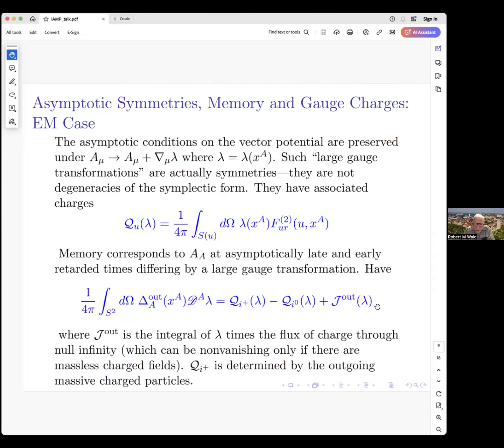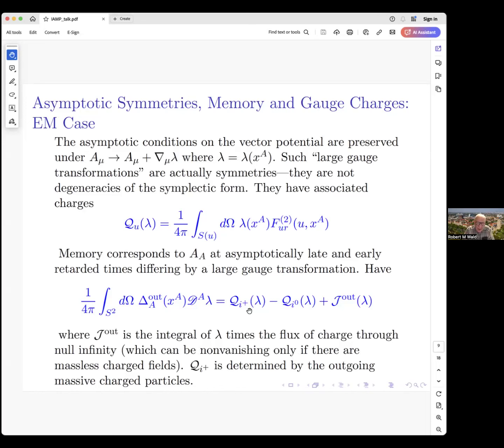This would be non-zero only if you have massless charged fields present. The charges as you approach the asymptotic future are entirely determined by the Coulomb fields of the massive charged particles.